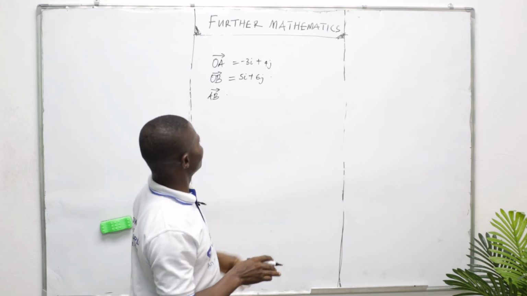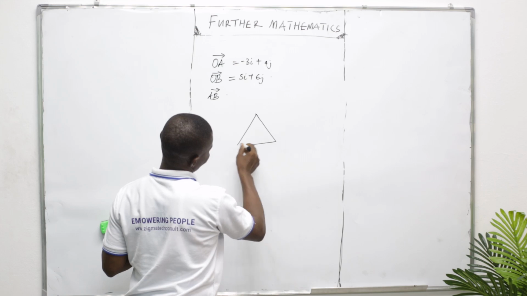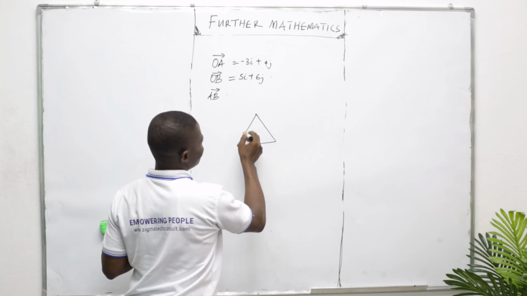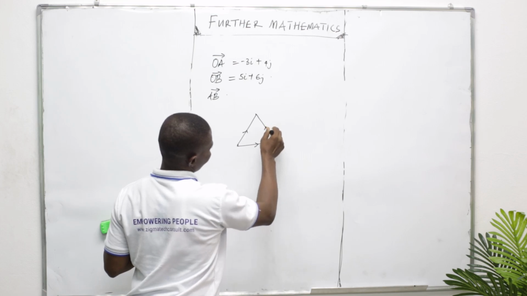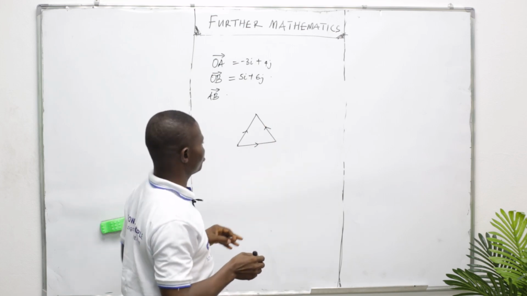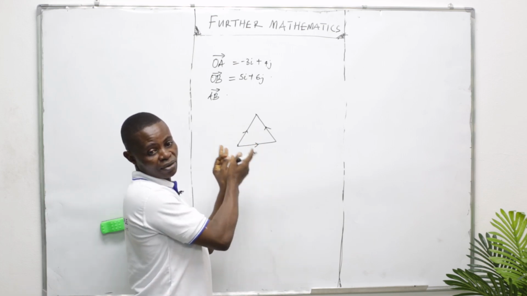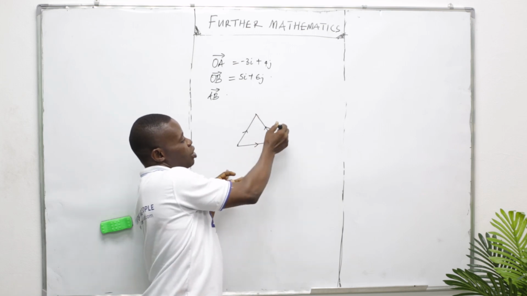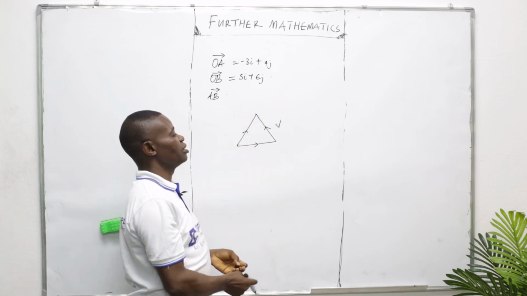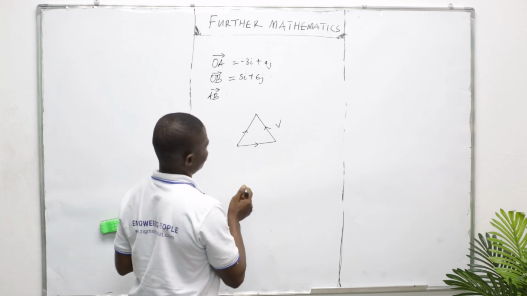So to get this, we are aware that a triangle is this way. There's something I want to teach you. Some people prefer to flow with this diagram, this arrow sign this way, while some people prefer the one going like this. No problem, whatever you think is good for you, use it.